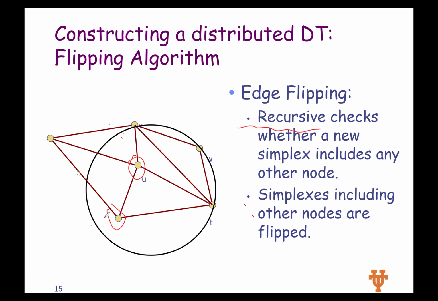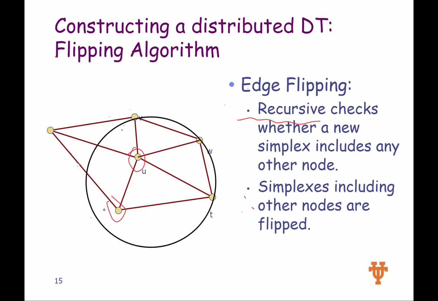In the flipping algorithm, once we find a triangle that violates this condition, the triangle will have a flipping edge like this. And we keep checking until there's no violating triangle or simplex. Simplex means a triangle in high dimensional space.